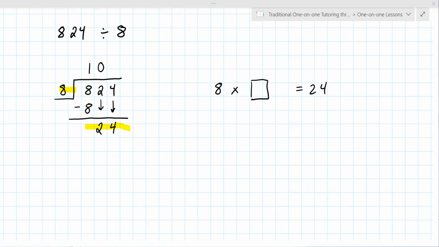So let's go take a look here. Let me go find my multiplication table. All right, so I've got mine. I'm going to snip it in.